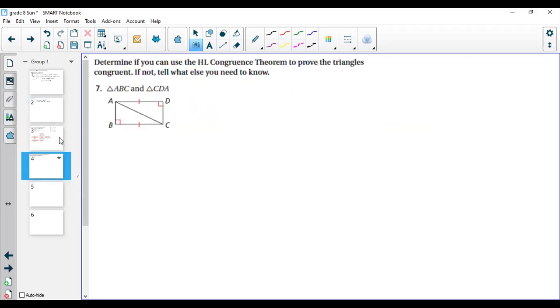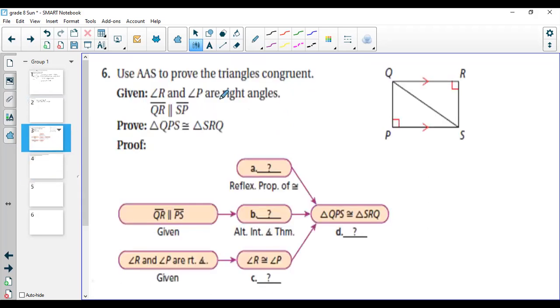Okay, now let's find out whether we can complete this flowchart proof. Use AAS, angle angle side, which means two angles and the non-included side, to prove the triangles are congruent. Given R and P are right angles, QR is parallel to SP.